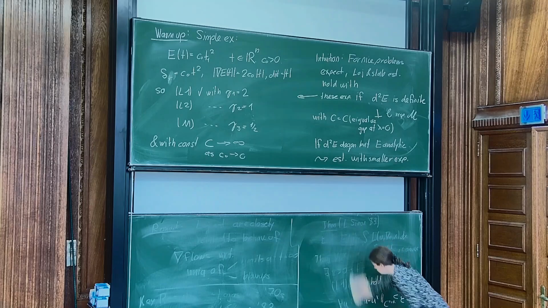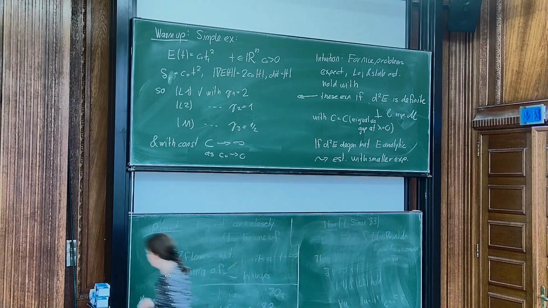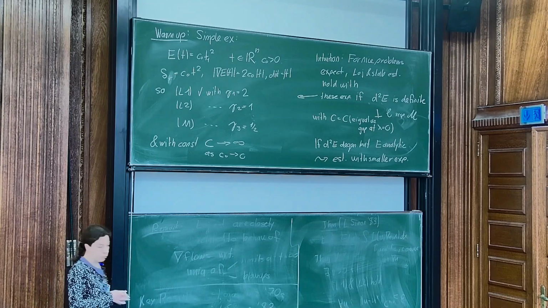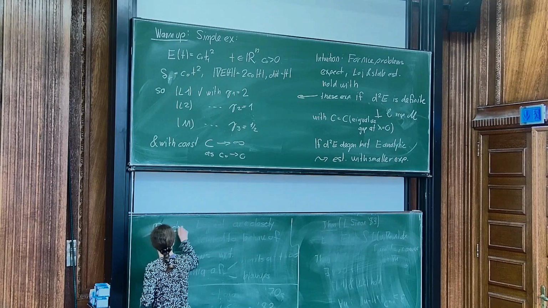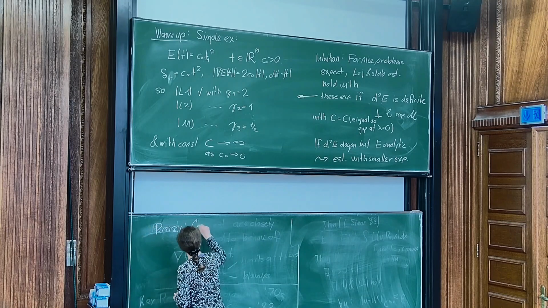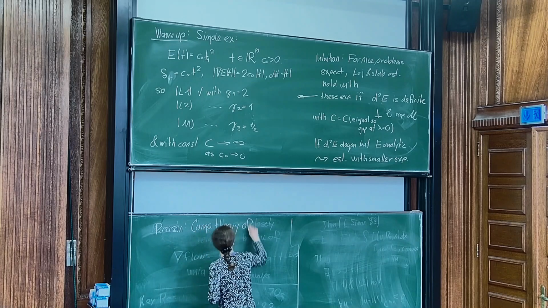So let me just draw a few pictures. I think I might even have colored chalk. So what's the reason? The reason behind this is the compactness theory of almost harmonic maps.